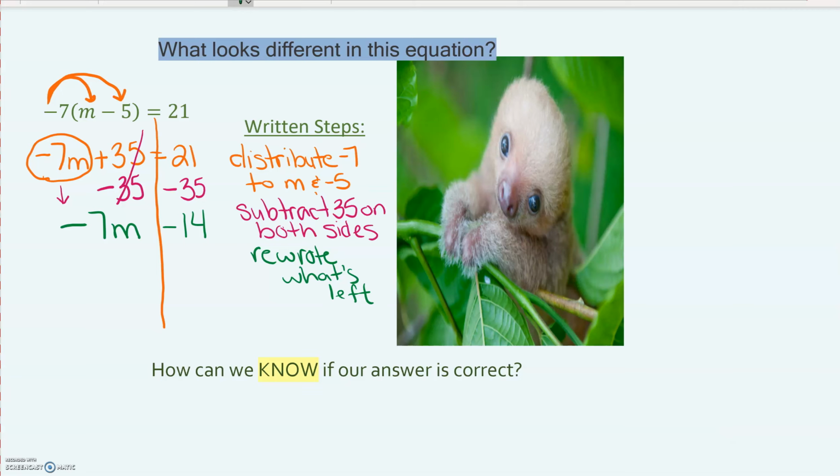So that means we need to get m all by itself. So we have to divide m by negative 7.